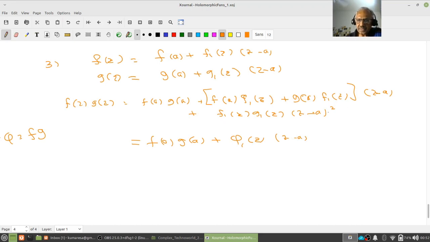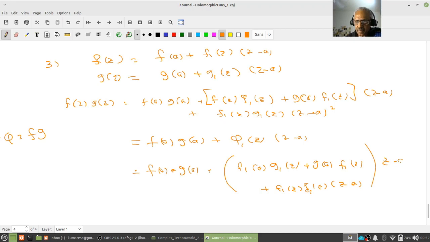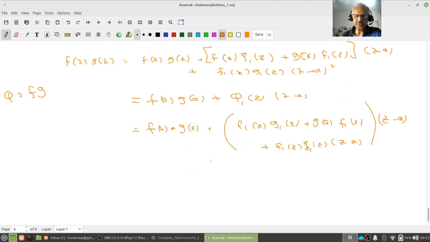So there is a z minus A here, there is z minus A whole squared, therefore I can take it as f of A times g of A plus f of A into g1 of z plus g of A into f1 of z plus f1 of z g1 of z into z minus A, and the whole thing multiplied by z minus A. Right? Therefore this is my phi 1.